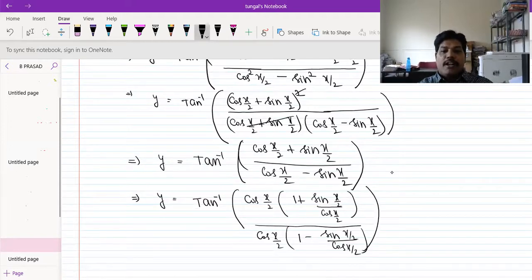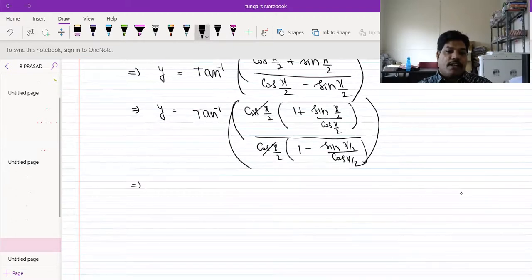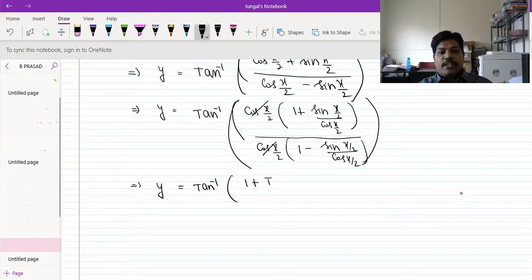So in the numerator and the denominator, I am just taking cos x by 2 common, and the cos x by 2 will be cancelled automatically. y is equal to tan inverse of (1 plus sin x by 2 by cos x by 2), which becomes tan x by 2, by (1 minus sin x by 2 by cos x by 2), which becomes tan x by 2.